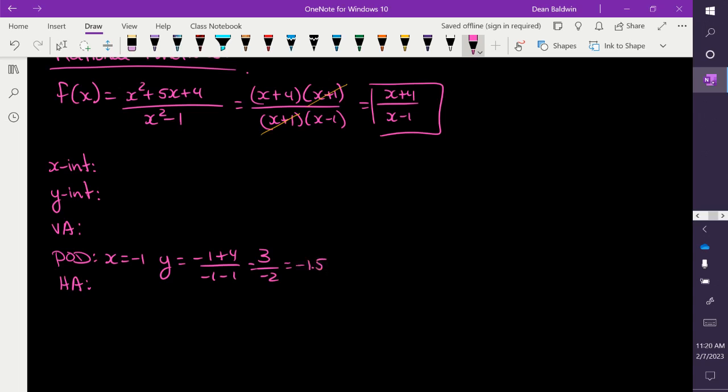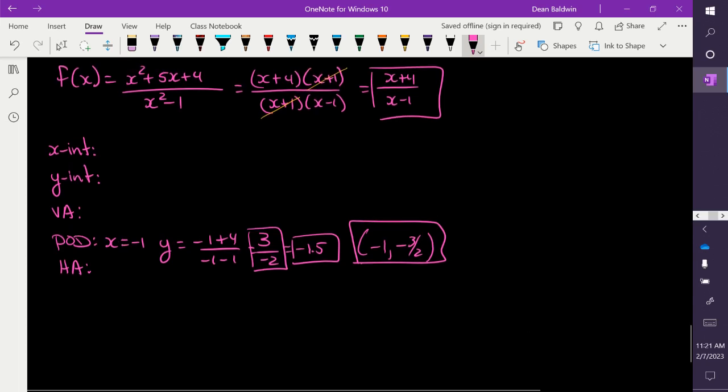For the people that like decimals, which there should be nobody in this class that likes decimals, you can write -1.5. I'll think less of you, but... So the POD occurs at -1 and -3/2. Yes? Does that make sense? Okay. You were in my class. You're supposed to know this.